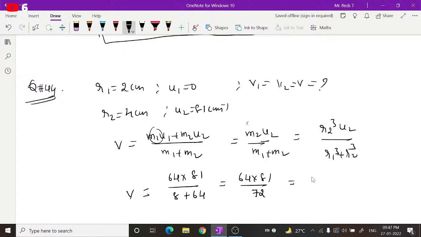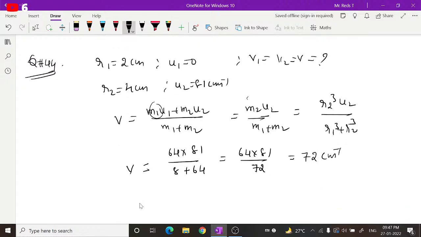Right, very good, Anna, very good. So it should be equal to 72 centimeter per second. So therefore, the final common velocity is v is equal to 72 centimeter per second.